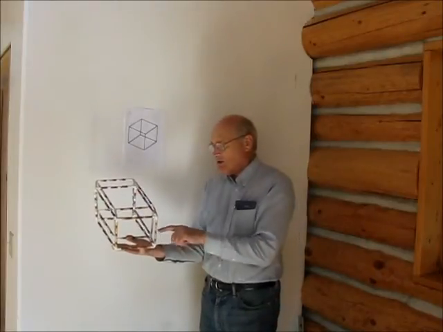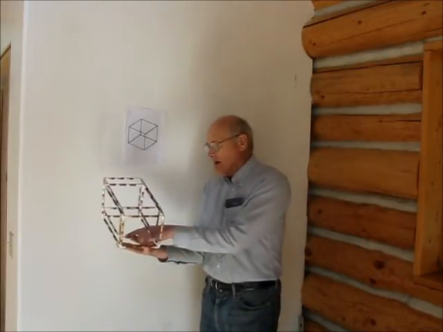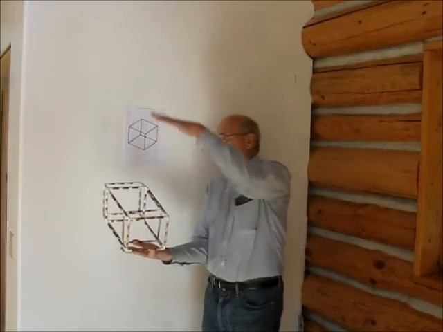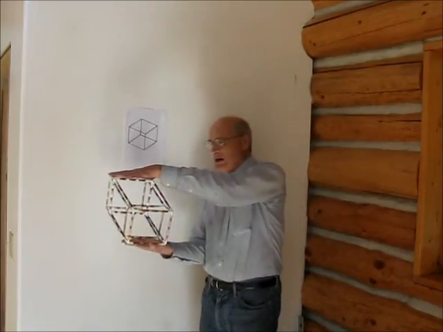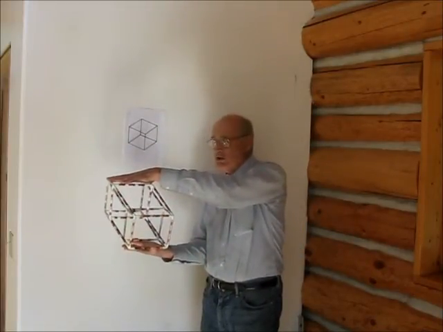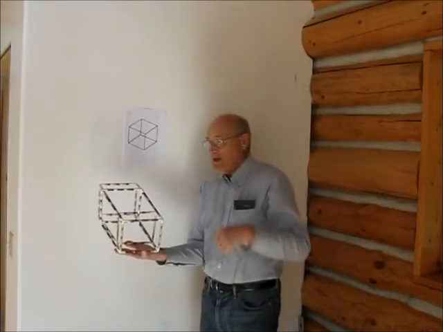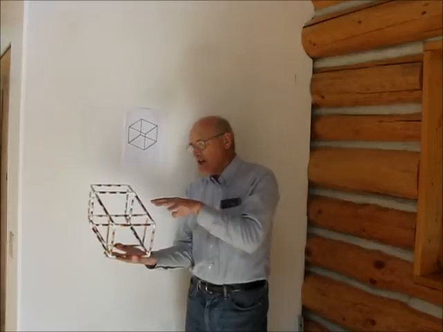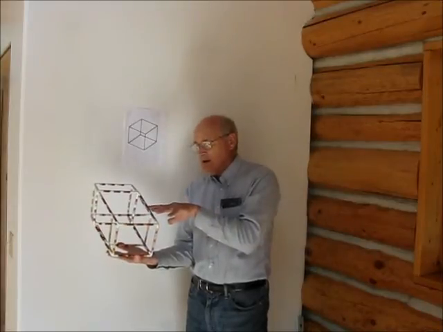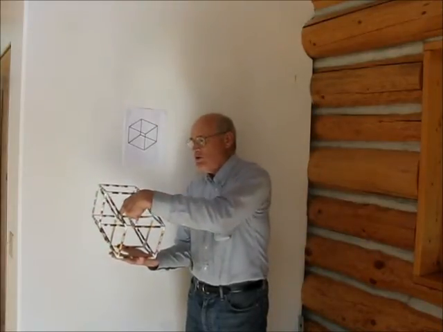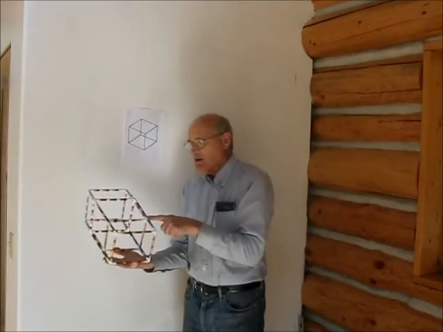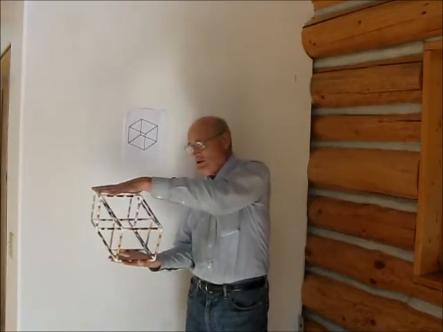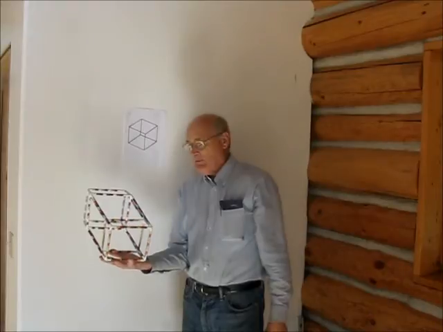Okay, so let's concentrate on the square on the bottom that's on the table and the square on the top that's parallel to it and congruent to it. Even the projection is congruent. Now you'll notice that inside the hypercube there are two additional squares that are parallel to these two and congruent to them.